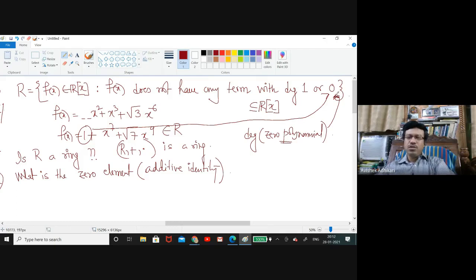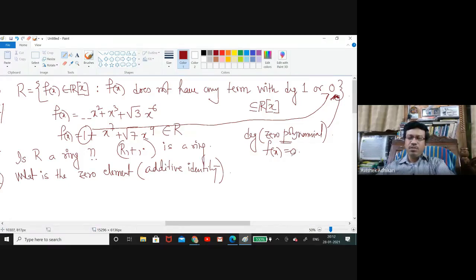It's basically not defined. We usually do not define the degree of the zero polynomial, that is, if f(x) equals 0. The degree is defined for non-zero polynomials.